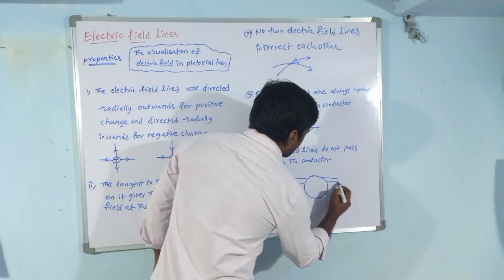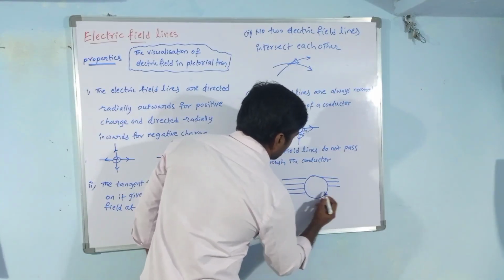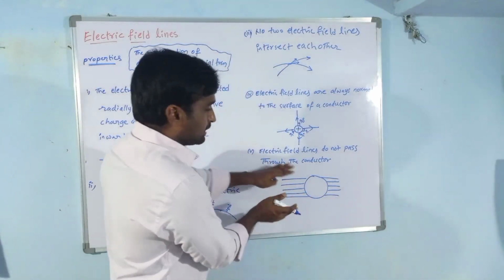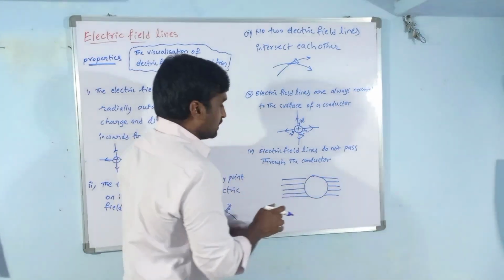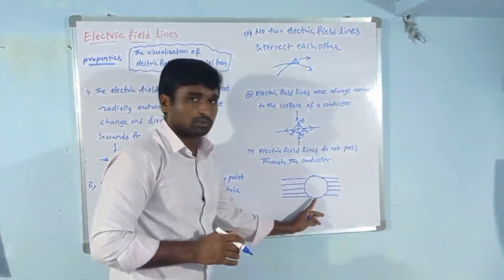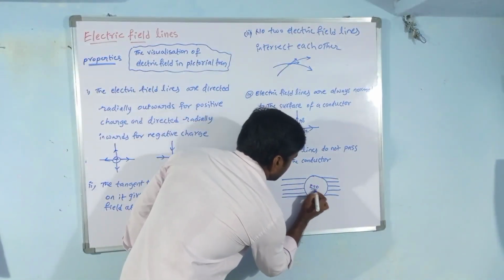When we place a conductor at this place, the electric field lines do not pass through this conductor. That means inside the conductor, the electric field is zero.